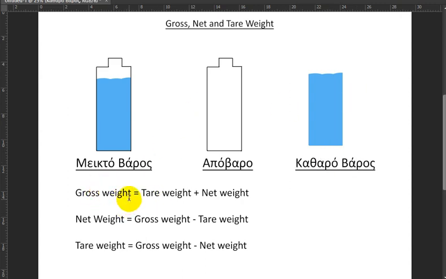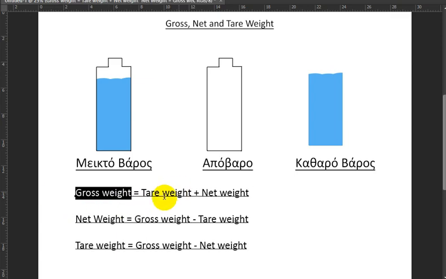And then we can rewrite these as well using the Greek. We said that gross weight is nikto. And the gross weight is the tare, so apobaro plus the net. So katharo.